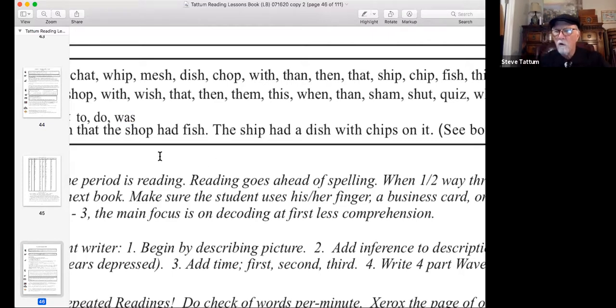Because the general rule for practice is this: trace, copy, cover. Trace, copy, cover. So if you want to give seat work in a classroom, you may not have time to do this. But one thing you can do is give kids sight words where they trace it, they then copy it, and then they cover and do it from memory.